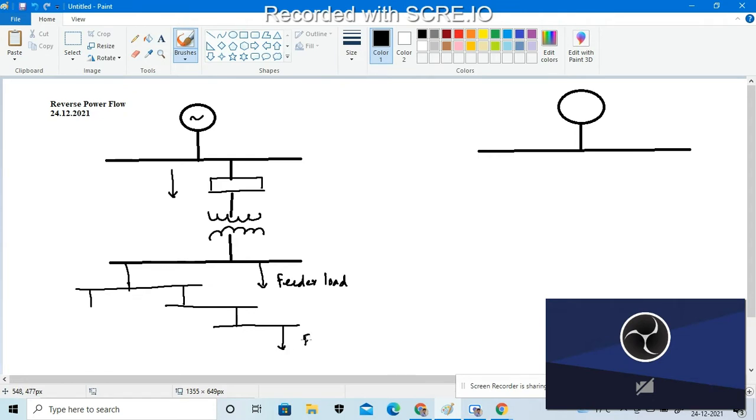Here also a feeder load is connected across.